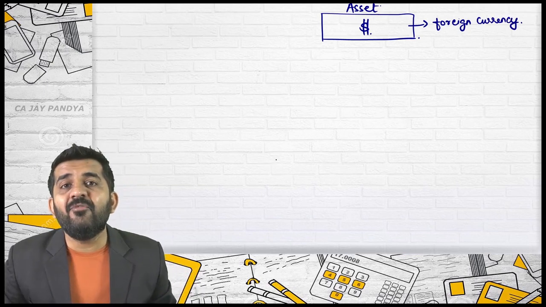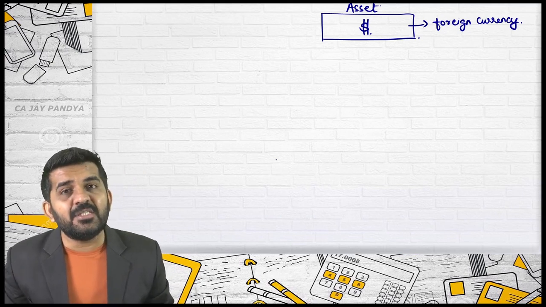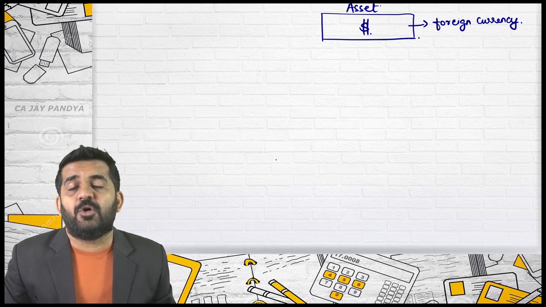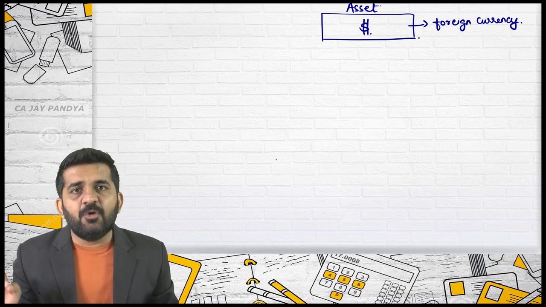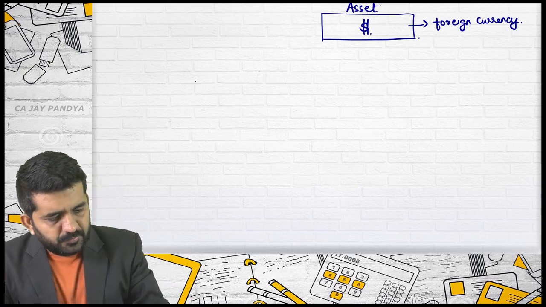Now, whenever there is an underlying asset, there is some risk, and so forwards or futures are available for such an asset. We have done forwards and derivatives. Try to concentrate over here also.